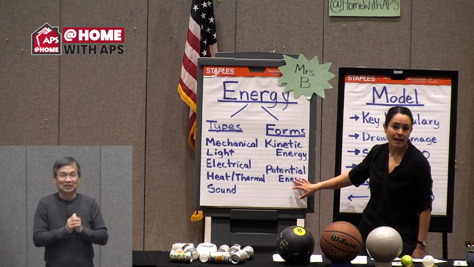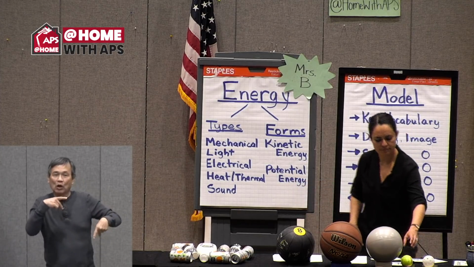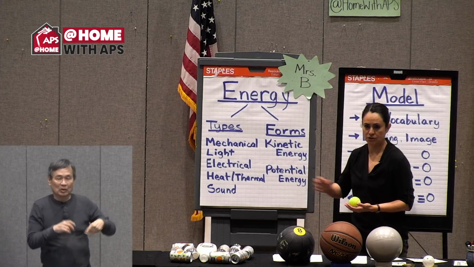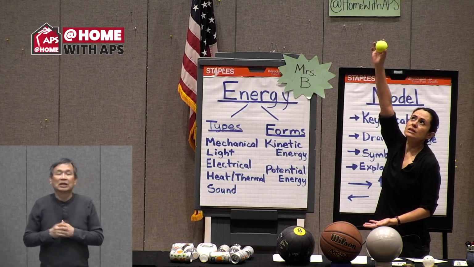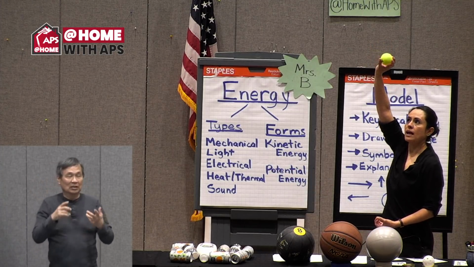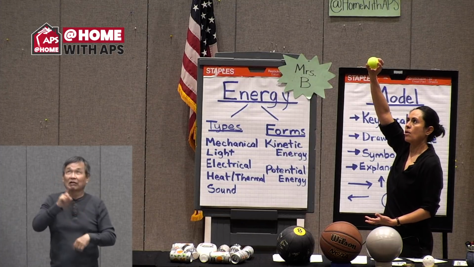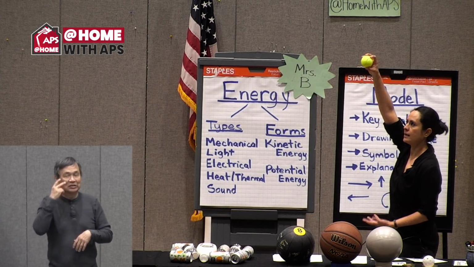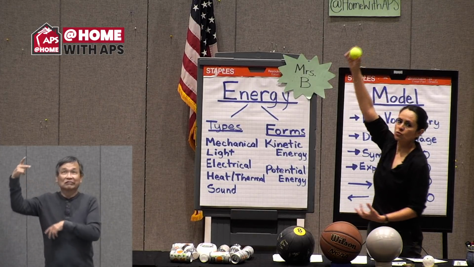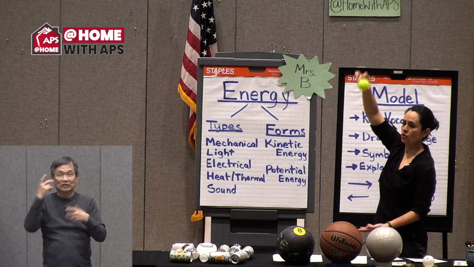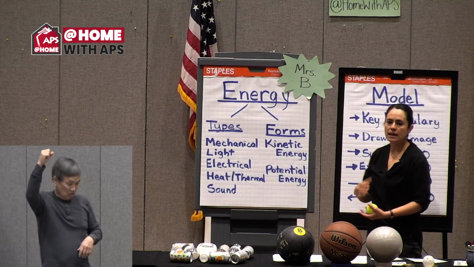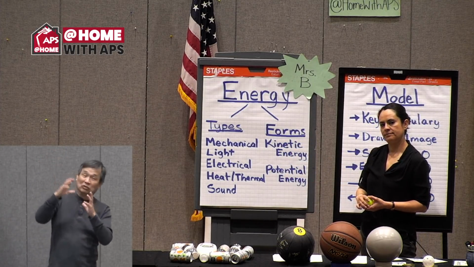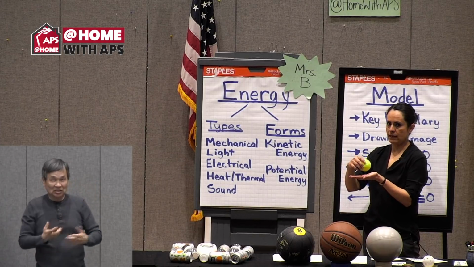When it comes to potential energy, which do you think would have more potential energy? Something that's really high up, maybe a heavy rock, or maybe there are two cars that are way up high. And if we were to drop that heavy rock, if I was to drop this tennis ball, would it take a lot of energy to slow it down? What if it was very close to the ground?